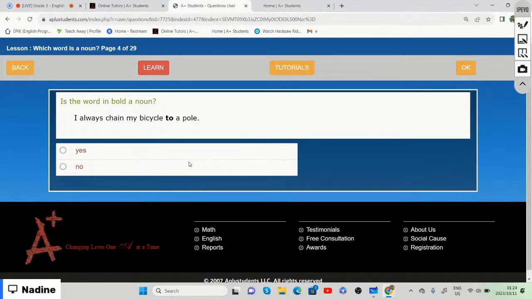Is this word a noun? I always chain my bicycle to a pole. Do you think this is a noun? Does it either name a person, place, animal, or thing?